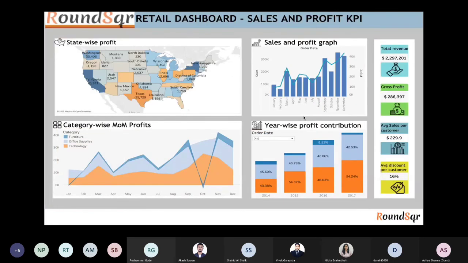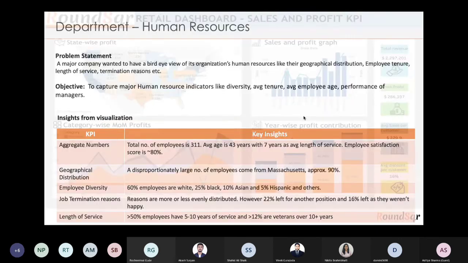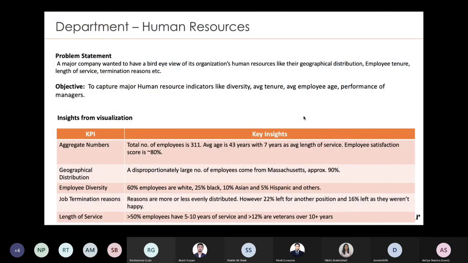Okay, so moving on, this is the last visualization that we have covered, for one department here, human resources. It is like the most important department, because humans are the ones getting the job done.